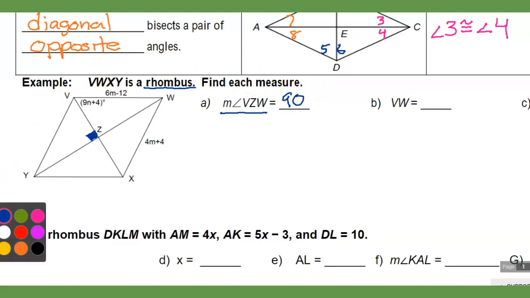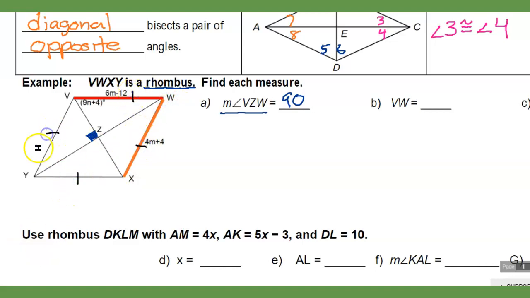VW. Okay. So since it's a rhombus, these are congruent to each other, right? All sides, not just those two, but all sides of a rhombus are congruent, and they have perpendicular diagonals. So here, if I want to find VW, I know it's congruent to any other side, including WX.